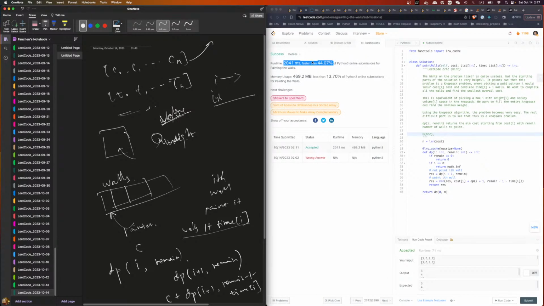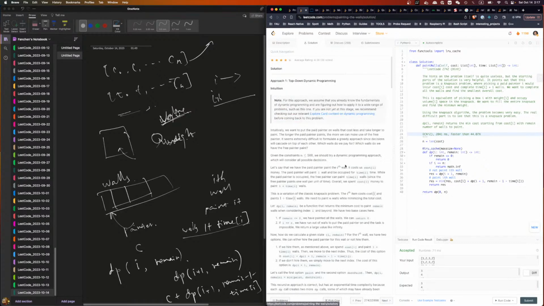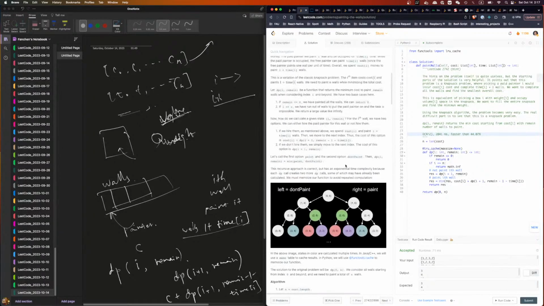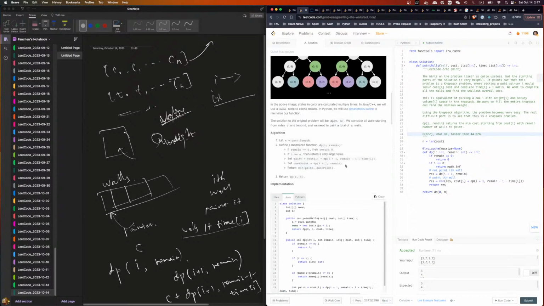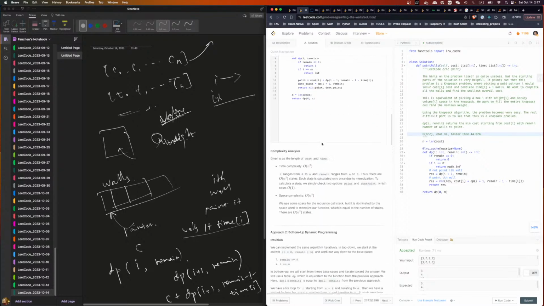I mean, the only difficult part is the edge case has to be smaller or equal to 0. Yeah, this is knapsack.